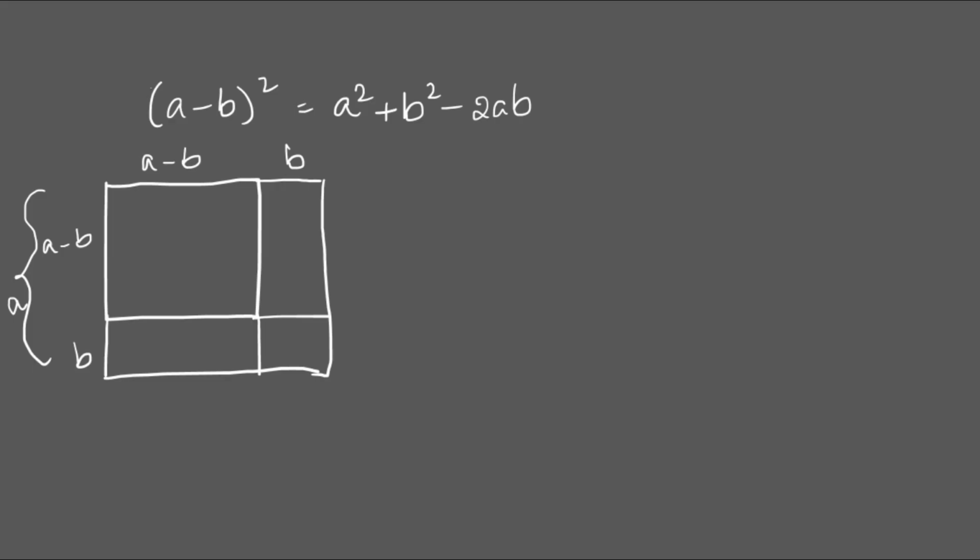Our requirement is to find (a minus b) whole square, which is the area of this square of side a minus b.